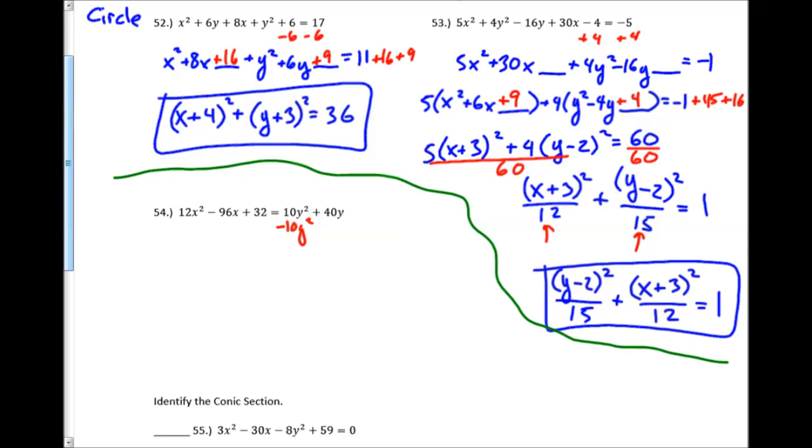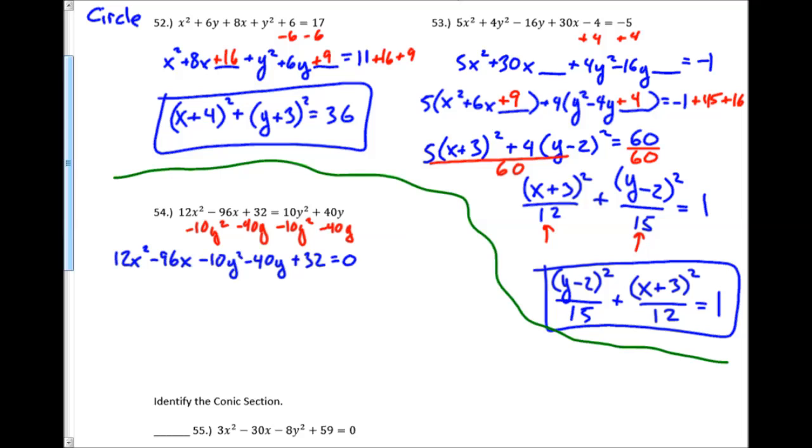I'll bring this minus 10y squared over to the other side, and maybe the minus 40y over to the other side. And when I put it in the same format that the rest of these were in, maybe I'll reorganize just a little bit. That format feels a little bit more familiar.